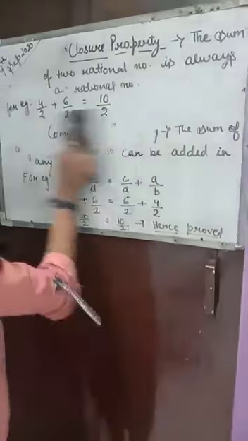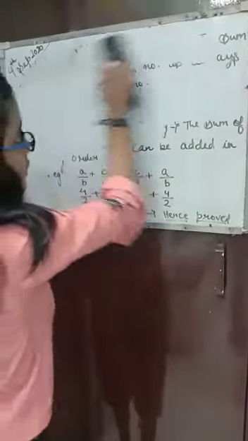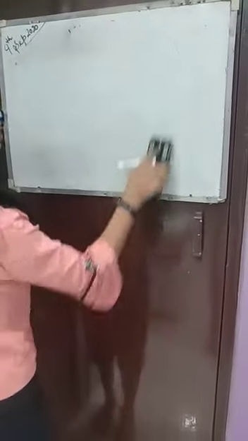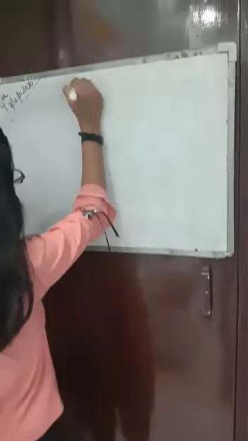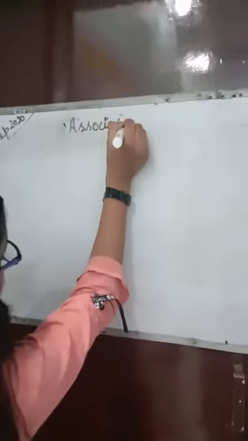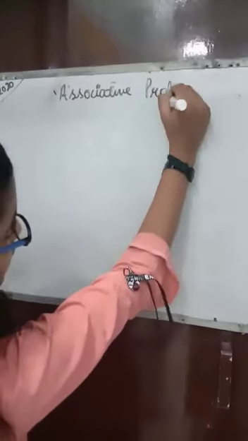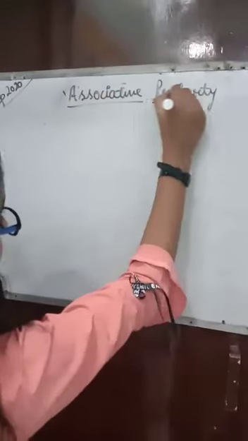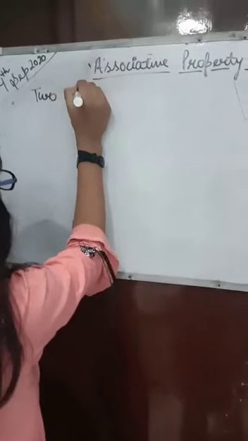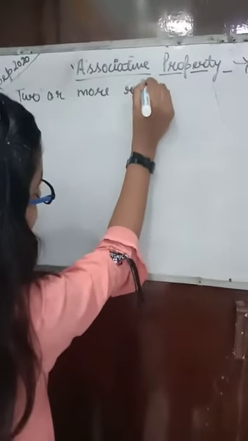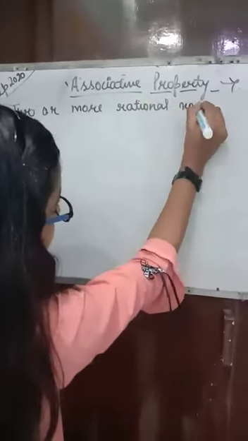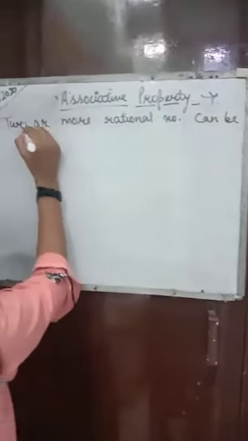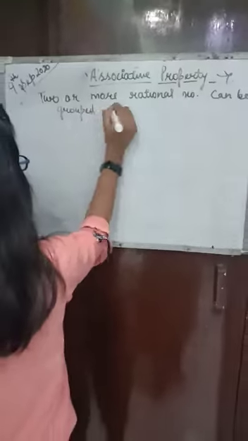Now the third property, which is associative property. Associative property says that two or more rational numbers can be grouped in any order.